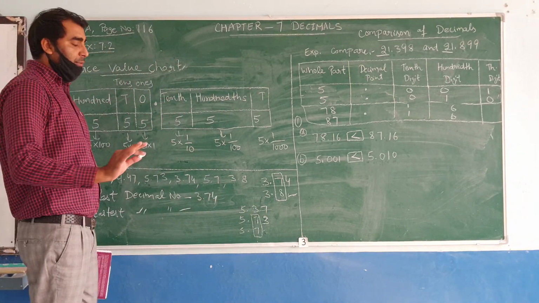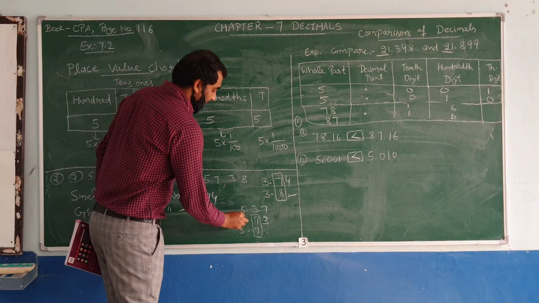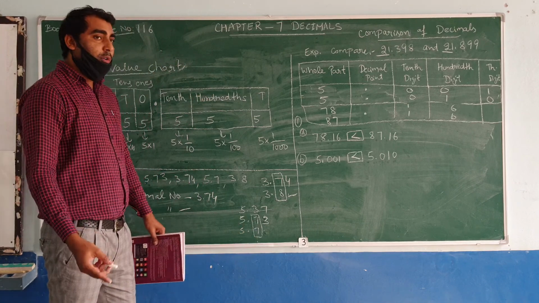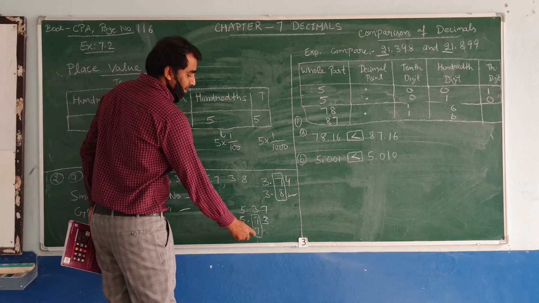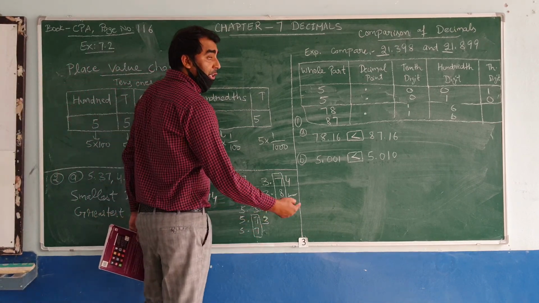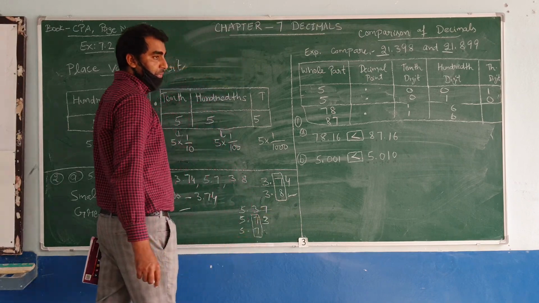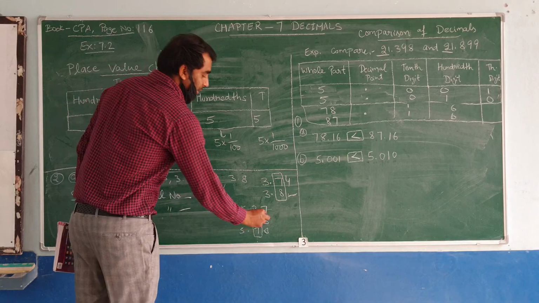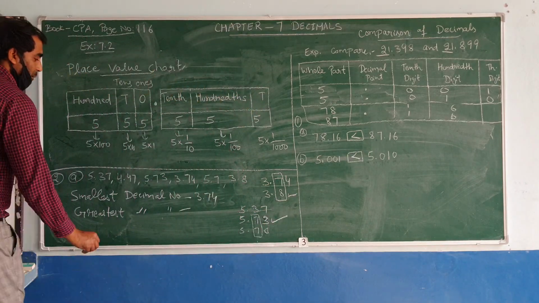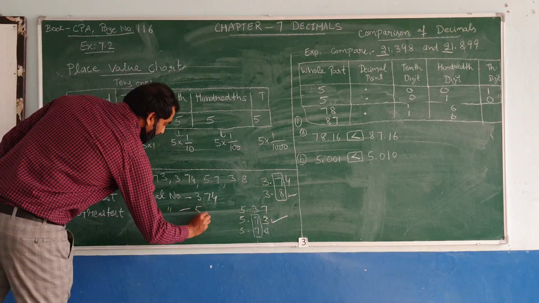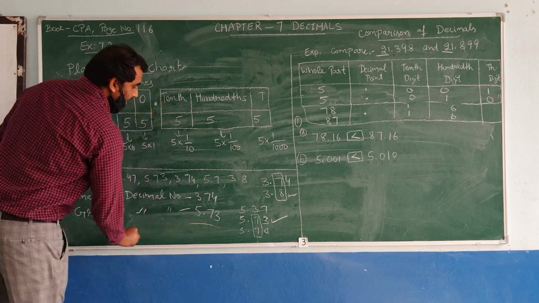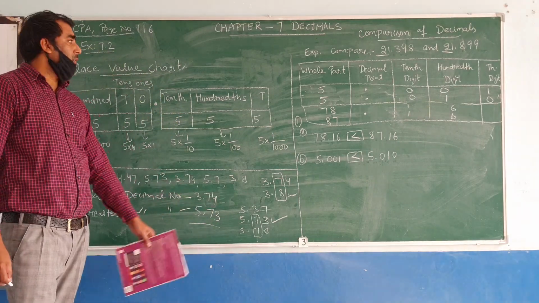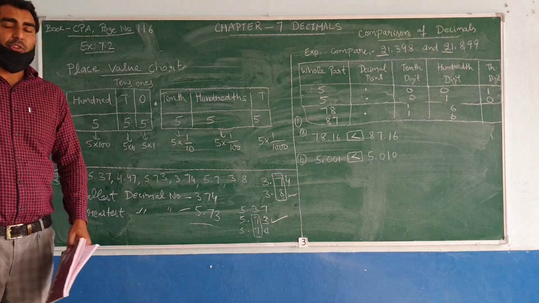Then now we have only two numbers, 5.73 and 5.7. Here the 7 is the same. Then we will check the next digit. Here is 3. Here is nothing. Nothing means 0. So which is greater? This is greater. 5.73 is greater. Okay, I hope you have understood all the questions and concepts. Thank you. Have a nice day.